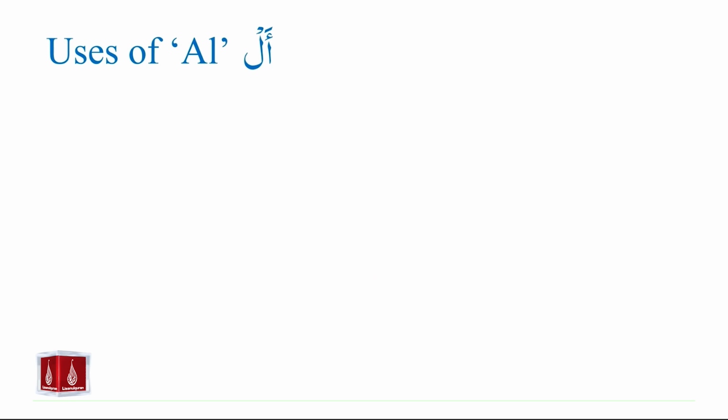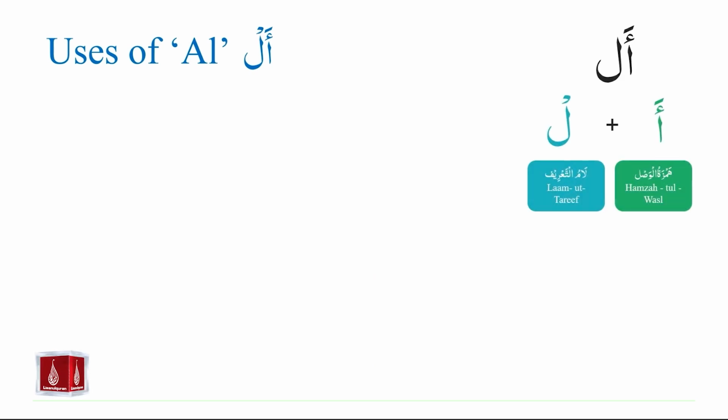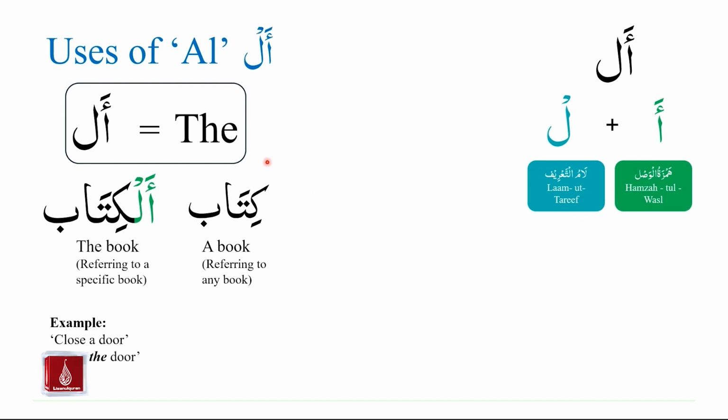Let us take a deeper look at al. Al is made of the combination of hamzatul wasl and lam with the sukun on it. The lam with the sukun on it is called lamut tarif. Al literally means the.